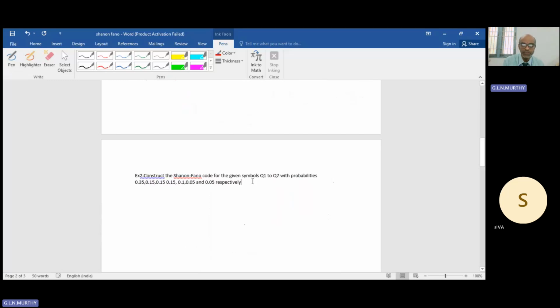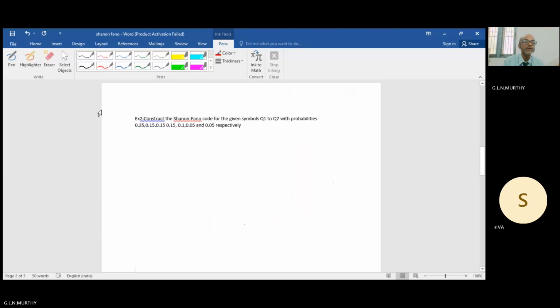Now let us go with the Shannon Fano. Probabilities are given. Proceed. First of all, what is required? Xi, P of Xi. Sorry, not X1, Q1, Q2, not Xi and so on. Symbols are now given as Q1 to Q7, not X1 to X2.